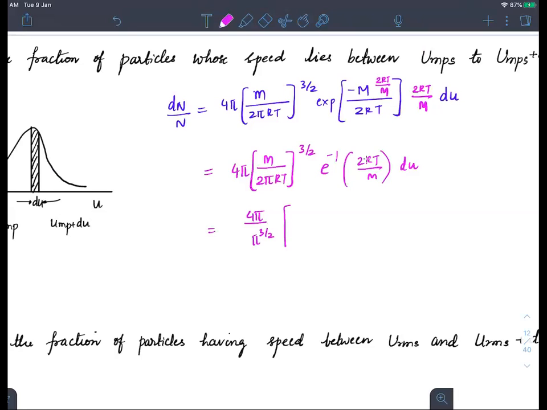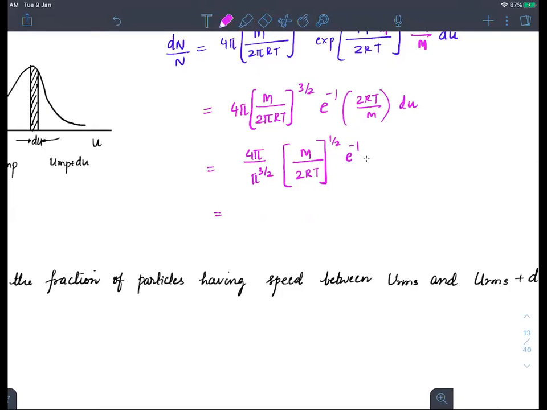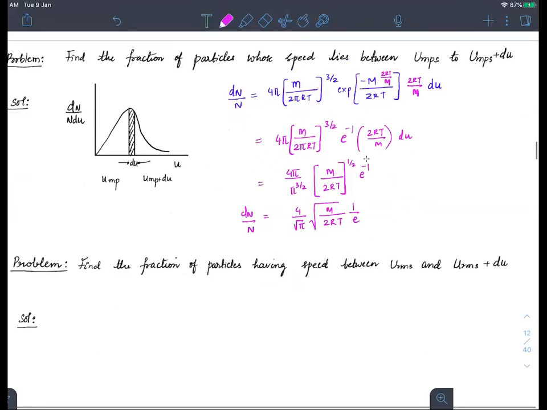The rest will be m by 2RT whole raised to power of half into e raised to power of minus 1. So this gives 4 by root pi, because this pi, if I take it down, I will get root pi, into root of m by 2RT into 1 by e. So this is what you will get. I guess all of you understood that?